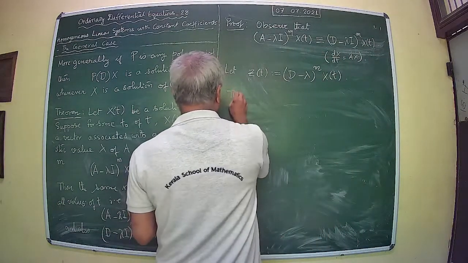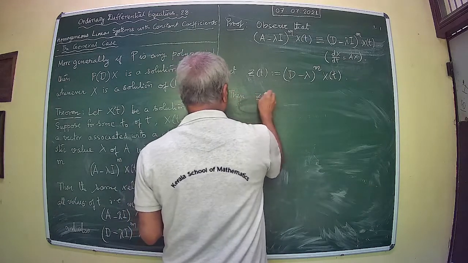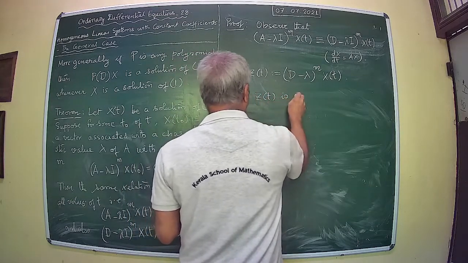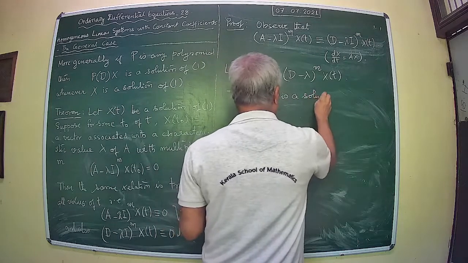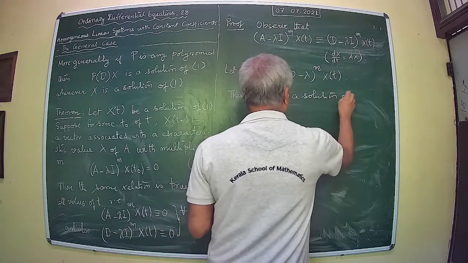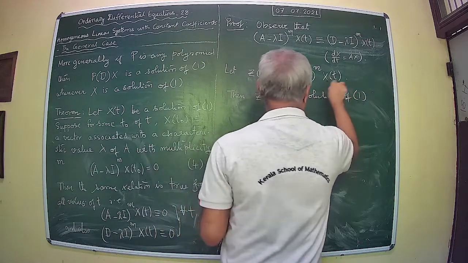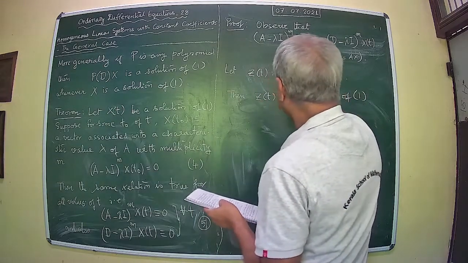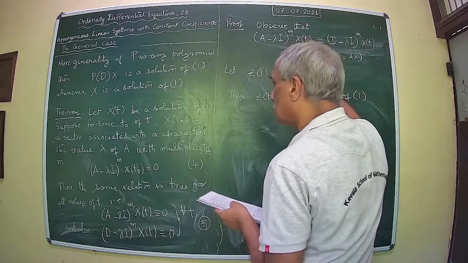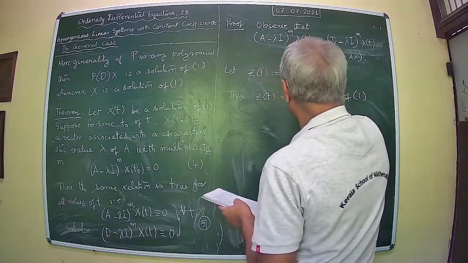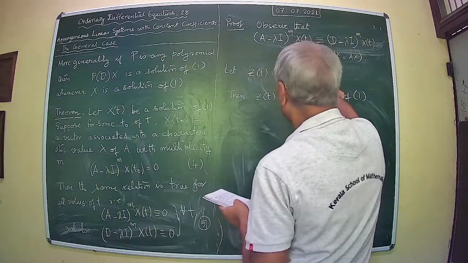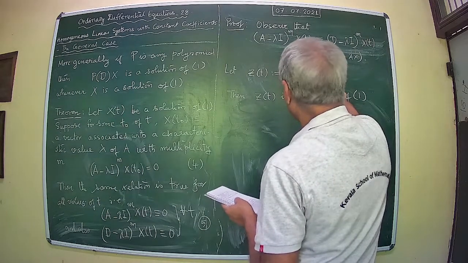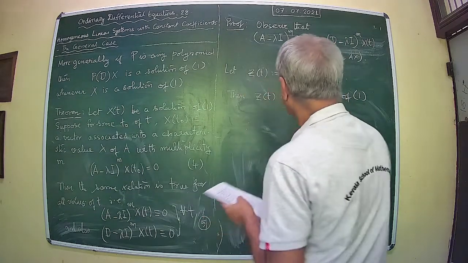Then, because x(t) is a solution of 1, you see that any relation of this kind, its derivative is a solution of 1. In fact, any polynomial in D acting over x is a solution of 1, and therefore in particular z(t) is a solution of 1.